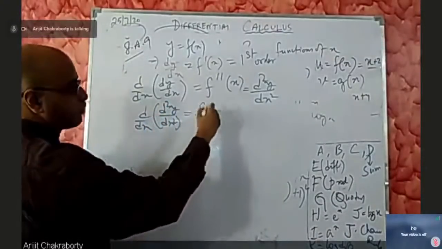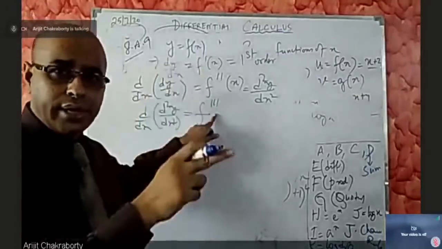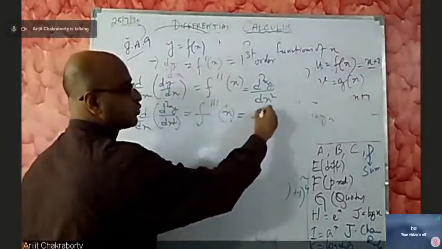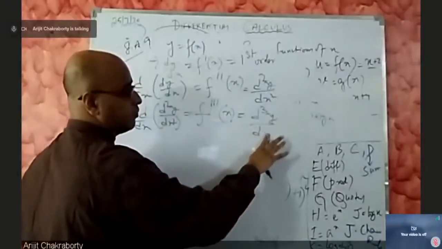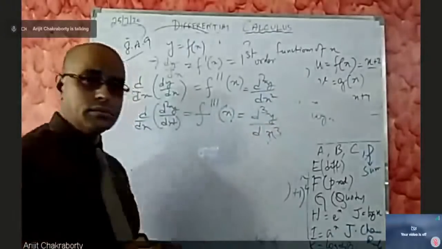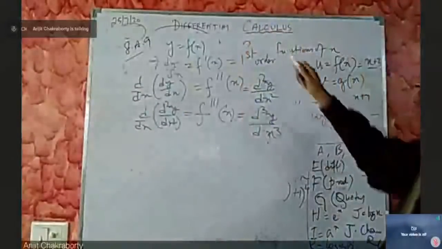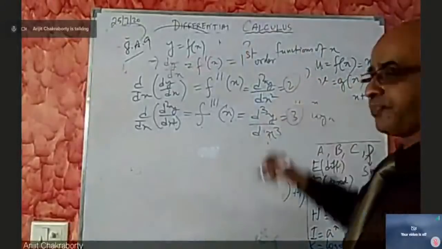This will be f triple dot, that means d cube y by dx cube. So this becomes first order, this becomes second order, this becomes third order.